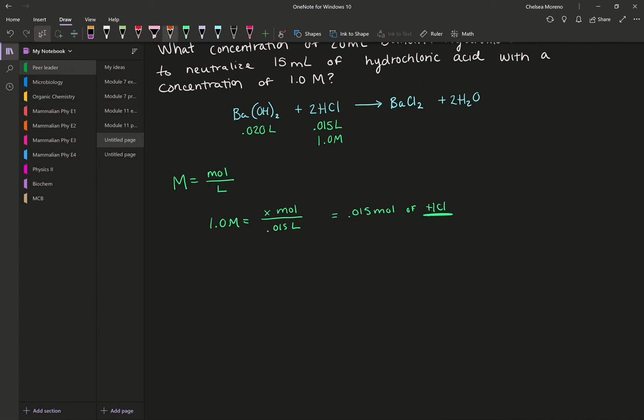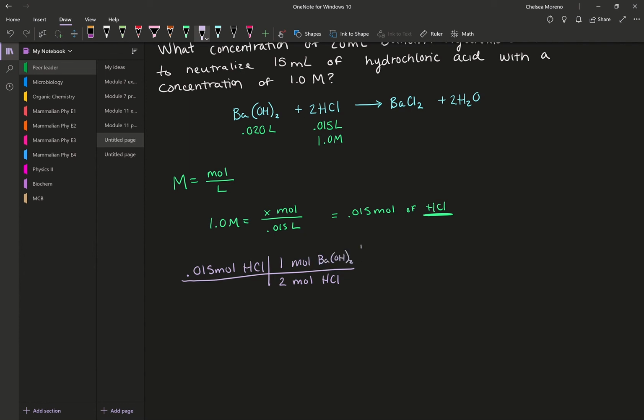So let's do that. We have 0.015 moles of HCl, right? And how much barium hydroxide would that be? Well, for every 2 moles of hydrochloric acid, I have 1 mole of barium hydroxide.